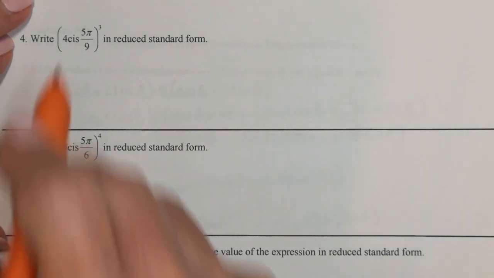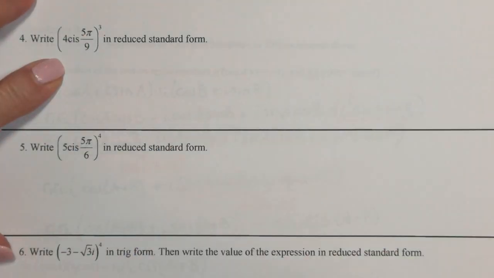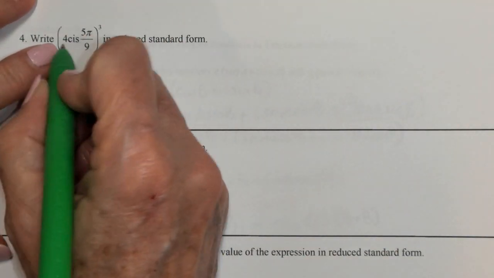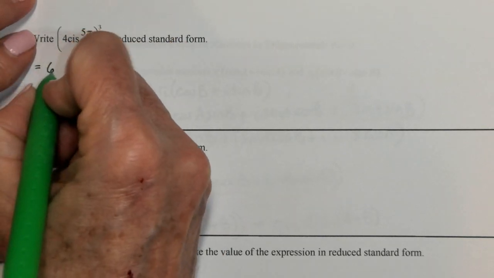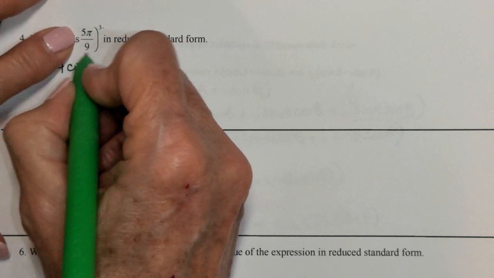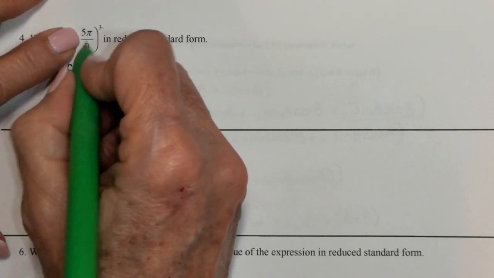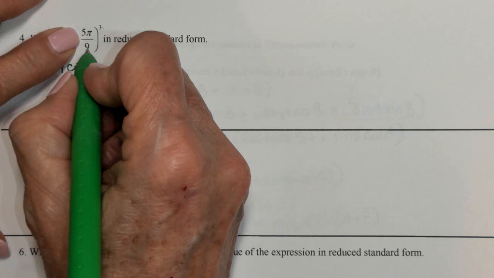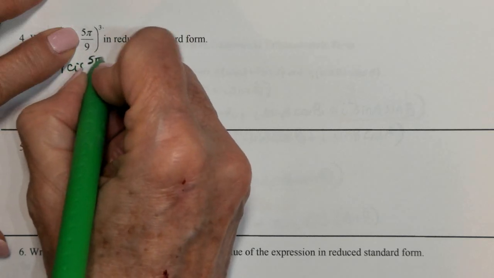Okie doke. So if we have this, I'm going to cube the 4. Cube the 4, that's 64. And then we multiply 3 times the argument. When I multiply 3 by the argument, it's going to reduce with a 9, leaving a 3 in the denominator.